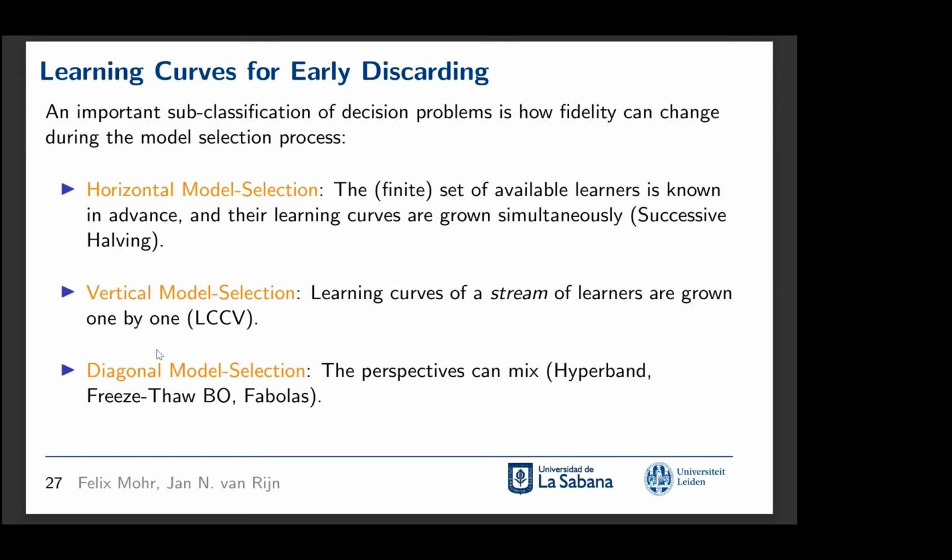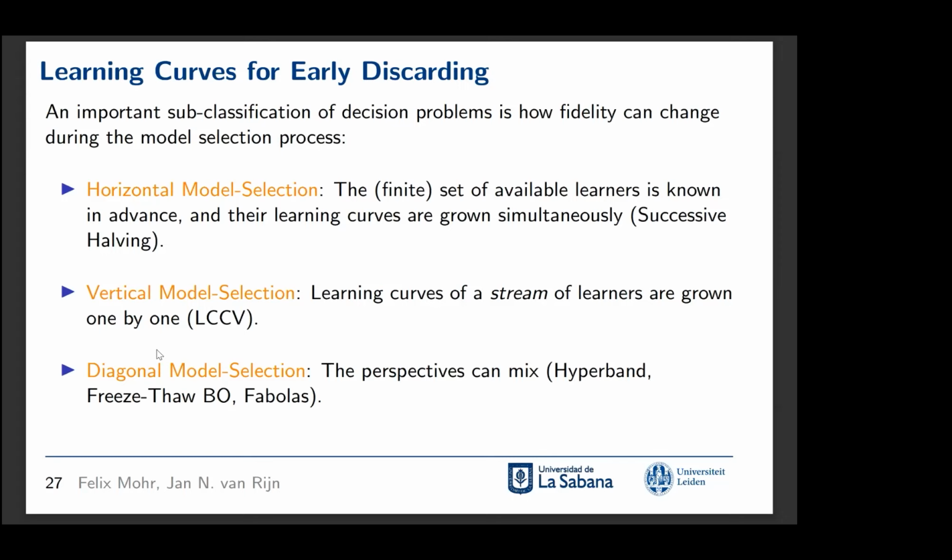What does this mean? Horizontal model selection means that you have a fixed portfolio of learners and you grow their learning curves simultaneously from left to right, meaning increasing data set sizes. It's what is often referred to as multi-fidelity optimization. This is above all what is done by successive halving.